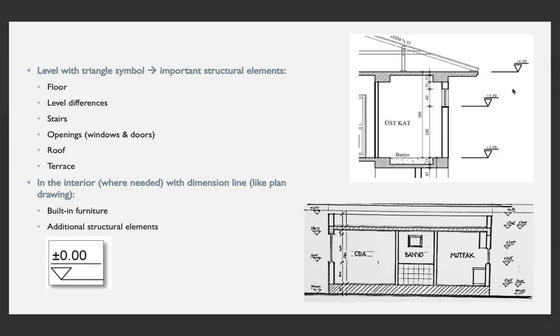With this triangle symbol, we don't use them in the furniture inside, but we use them outside in the exterior of the building to show important features, as I have said, like openings or ceiling. But in the interior, we give dimensions, as you can see here.